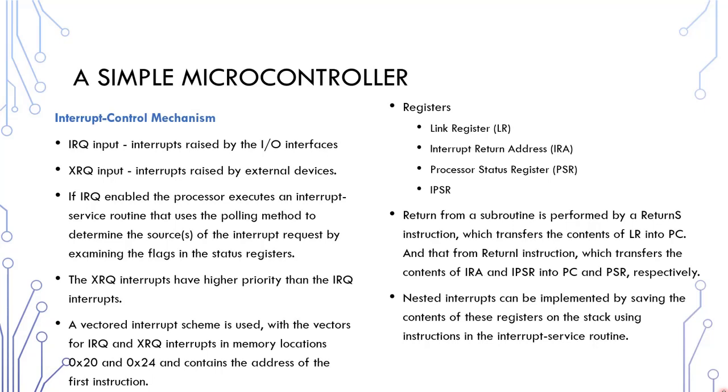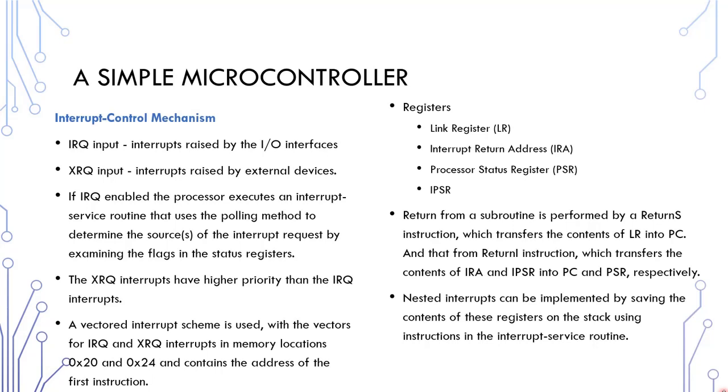A vectored interrupt scheme is used with vectors for IRQ and XRQ interrupts in memory locations 0x20 and 0x24 respectively. Each vector contains the address of the first instruction of the corresponding interrupt service routine. This address is automatically loaded into the program counter or PC.